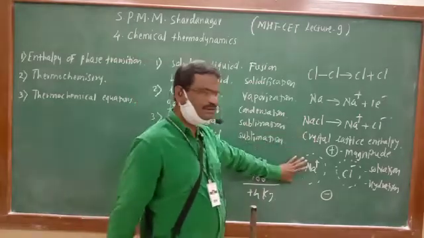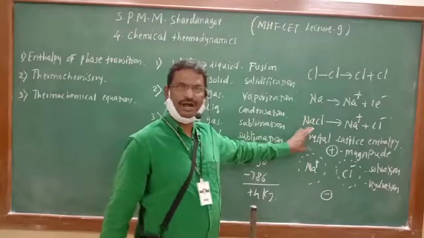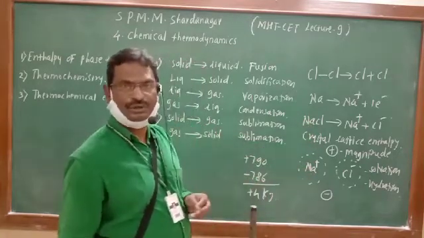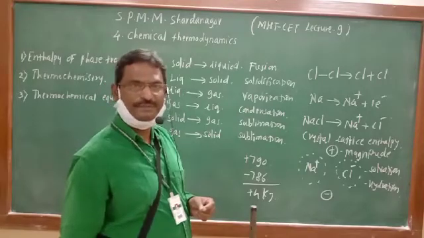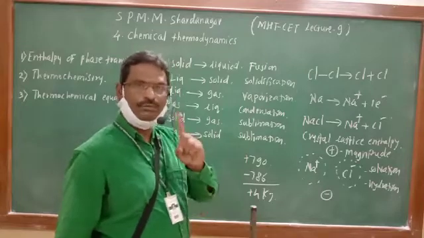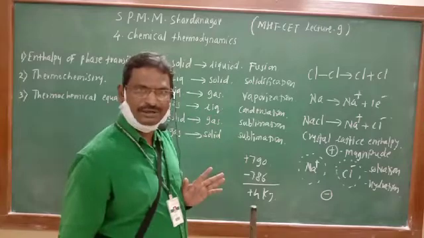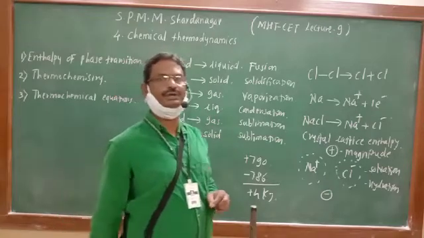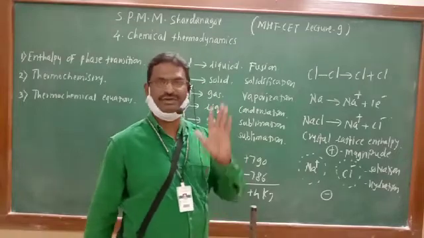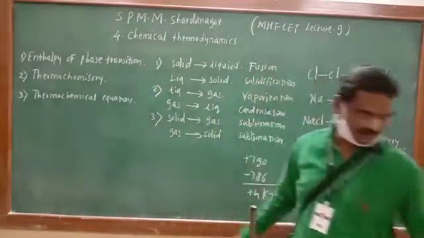So the summation of crystal lattice enthalpy and enthalpy of hydration is known as enthalpy of solution. Enthalpy of solution is the enthalpy change whenever 1 mole of solute is added to a particular quantity of solvent to form a solution of known concentration. So that is about the enthalpies of phase transition.